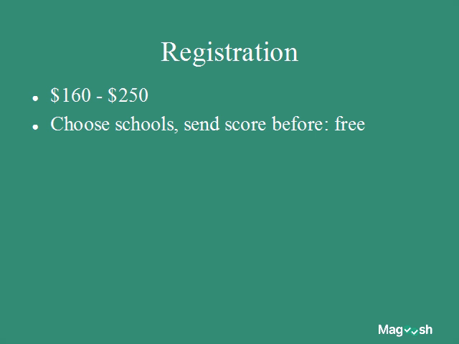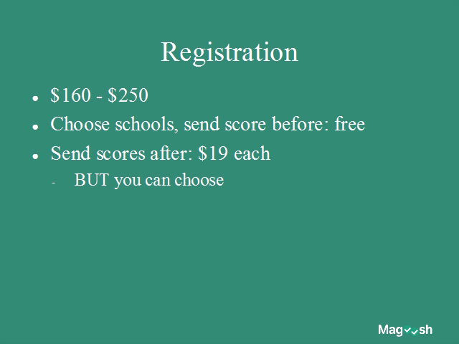And I can do that for free, and they will send the scores for free. But after I take the test, if I decide, wait a minute, I also want to send my scores to Princeton, then every time I do that, it costs $19. But this can be very advantageous. If you don't mind spending the money, this can really help, because you can choose which scores you send.